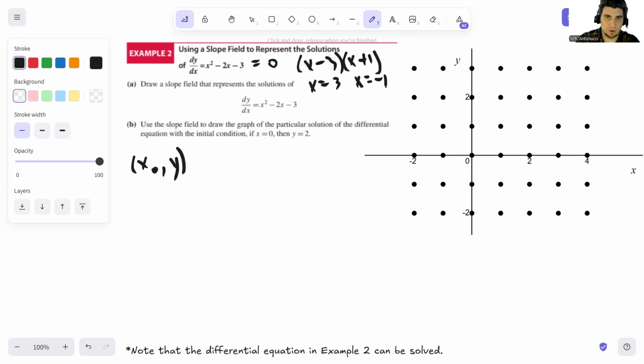Since this is just a quadratic expression, I can factor it, and I know that along the vertical line x equals 3, the tangent lines are going to have a slope of 0, and same thing at x equals negative 1. So here along the vertical line x equals negative 1, my tangent lines are all going to be horizontal. And then on the line x equals 3, tangent lines are all going to be horizontal for that one.